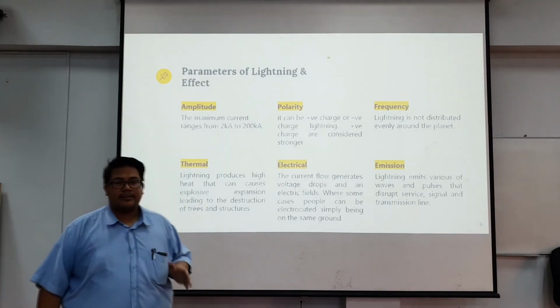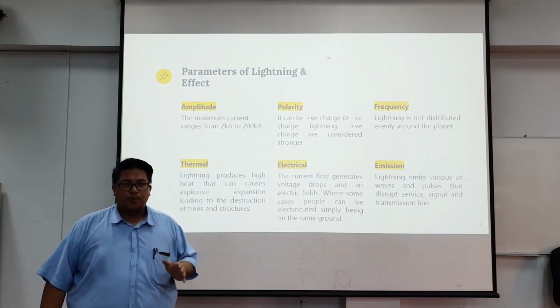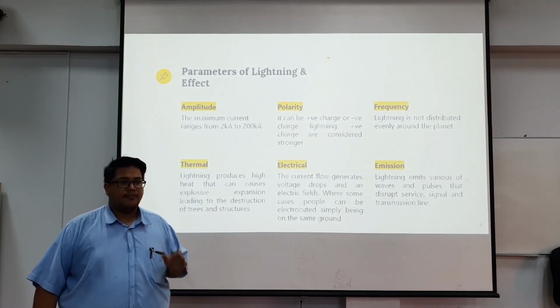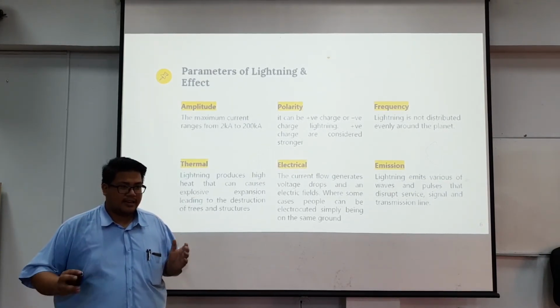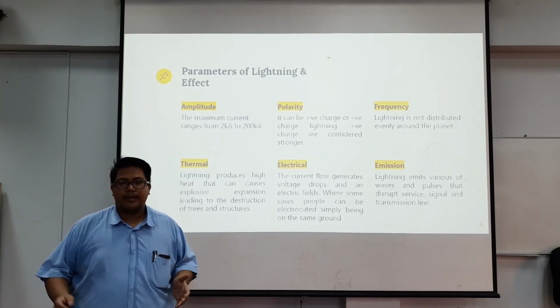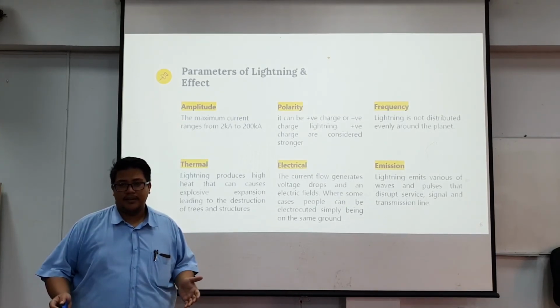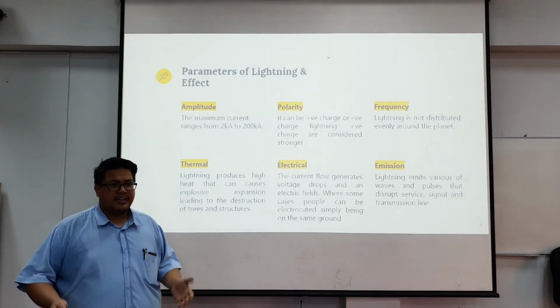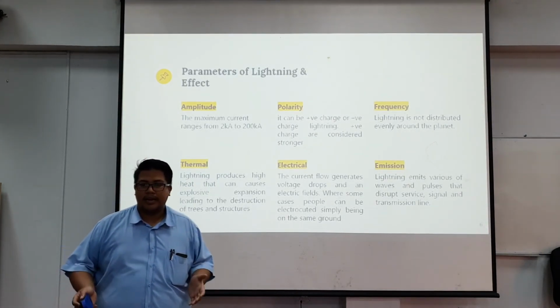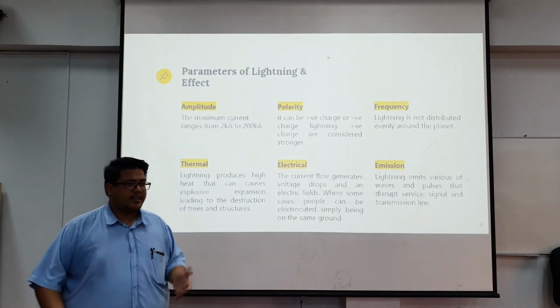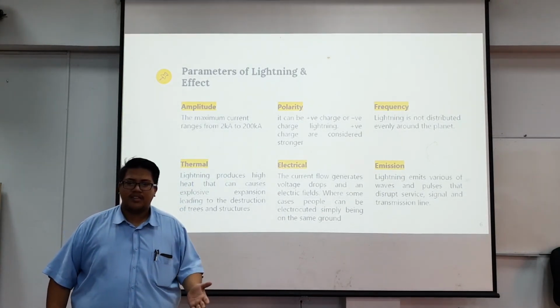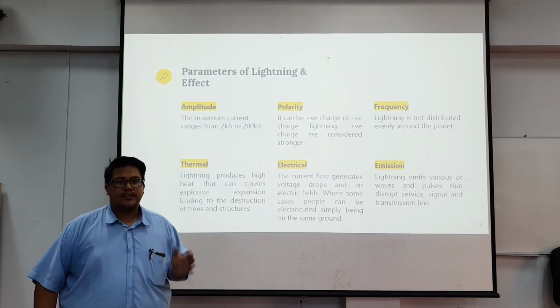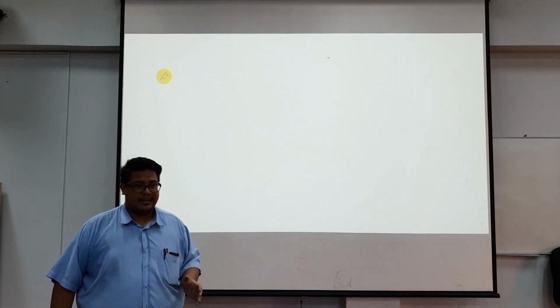Lightning emits electromagnetic interference, and the current flow generated in a lightning strike is so big that it can fry circuitry and even cause fire. Eventually, all these are related to the emission caused by lightning, which produces a lot of waves and pulses of different values. So this is the idea when talking about a lightning strike.